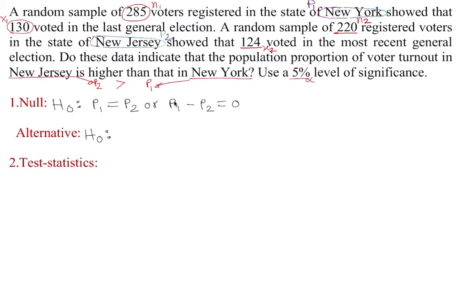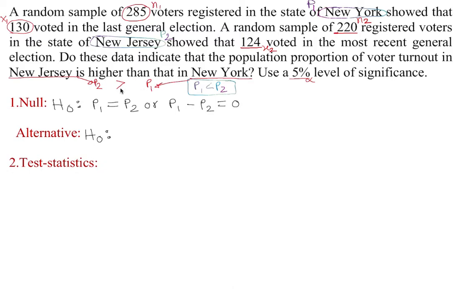If I use phi1, I can rewrite this as phi1 less than phi2. That would be my statement here. So that becomes a left tail, as you see. Even though the question is saying higher, this becomes a left tail. I hope we understand this inequality. I can write phi2, proportion 2, greater than proportion 1 because New Jersey is greater than New York.